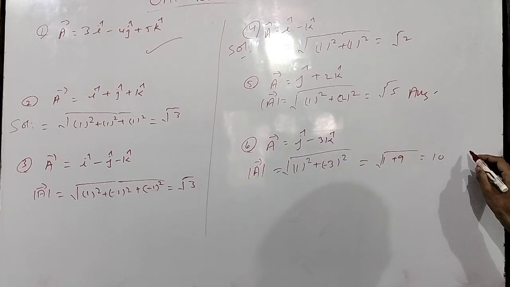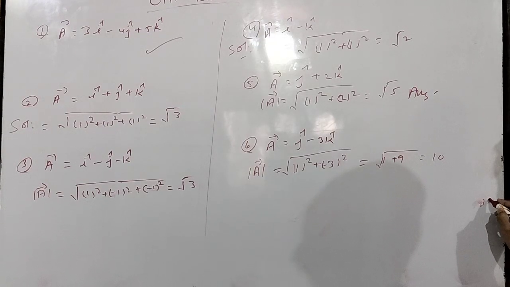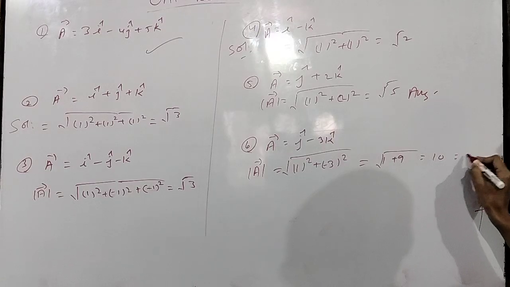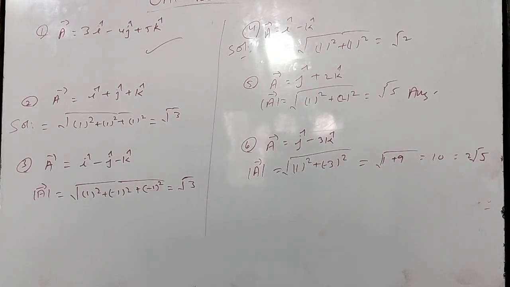So I think it will be 2 root of 5. 2 root of 5. Am I correct? Have a look.